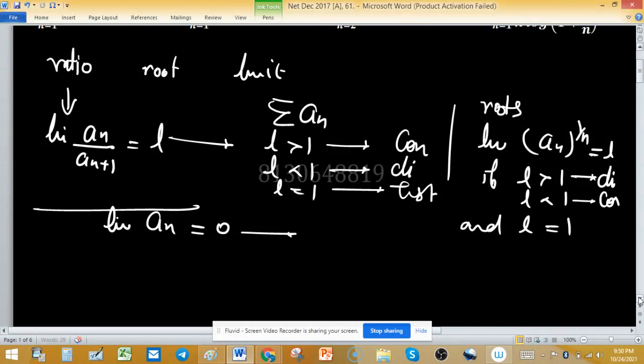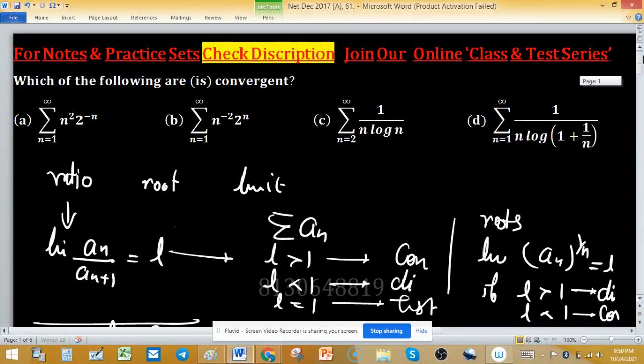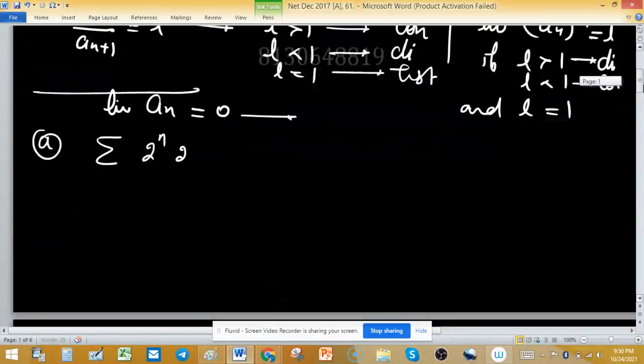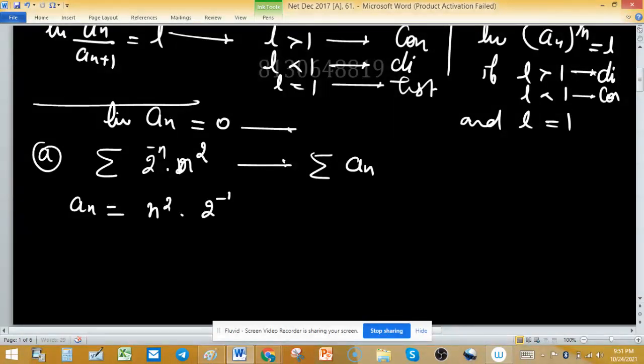So we will check each option one by one and predict the convergence. The first series is 2 raised to the power minus n into n square. We can compare this with summation a_n, so the value of a_n is n square into 2 raised to the power minus n.